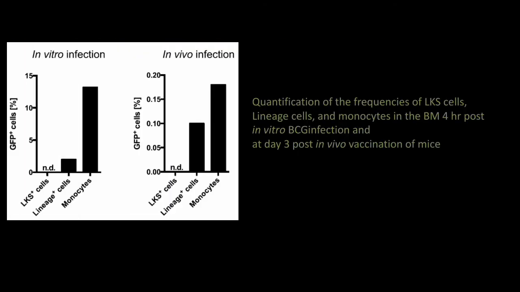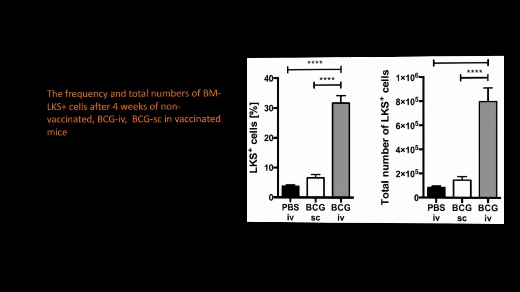Then they also compared the hematopoietic progenitor cell quantification frequencies in vitro and in vivo conditions. In the in vitro condition they analyzed after the fourth hour of immunization, and in the in vivo condition they checked after the third day.